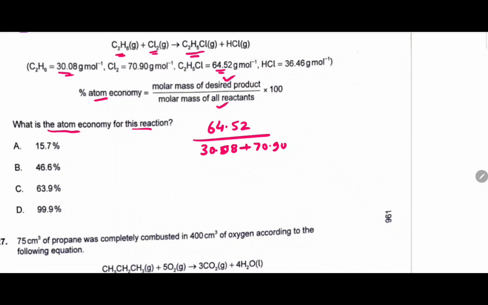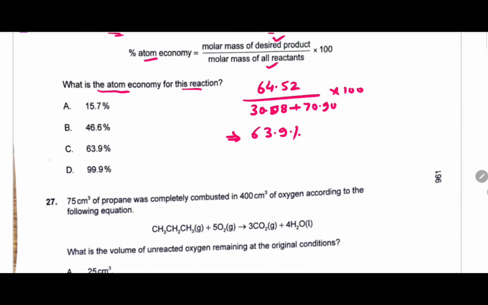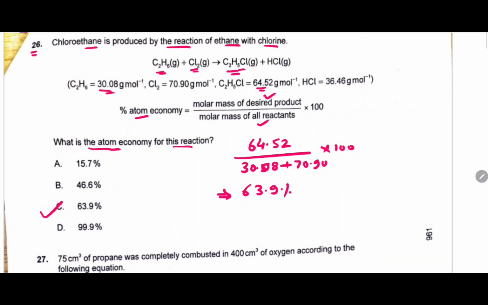This is the molar mass of the reactants, into 100. If I calculate it, I get 64.52 upon 100.98, and that comes out to be 63.9%. That will be the answer. Therefore, the atom economy answer is 63.9%. For 26th, answer is C.